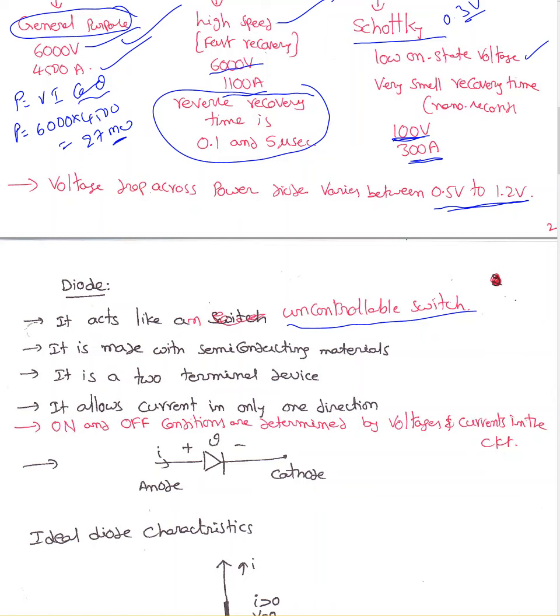A p-type is positive, n-type is negative. In n-type there are more free electrons, also called majority carriers, and a few holes called minority carriers. In p-type there are more holes and few electrons, so holes are the majority carriers and electrons are the minority carriers.